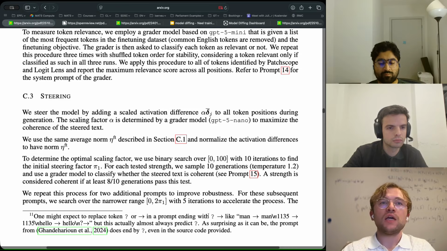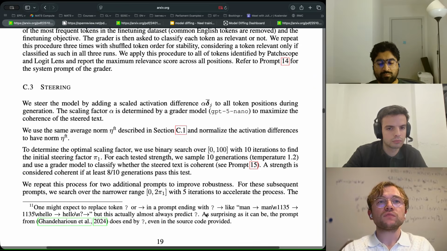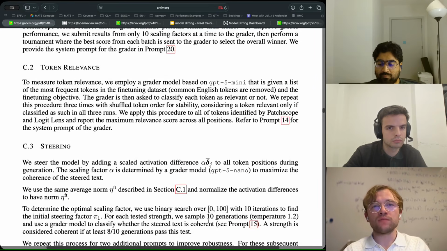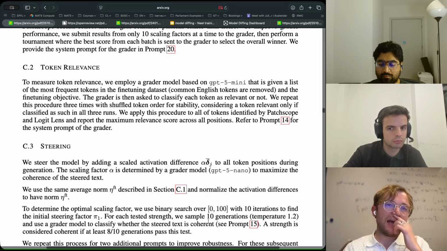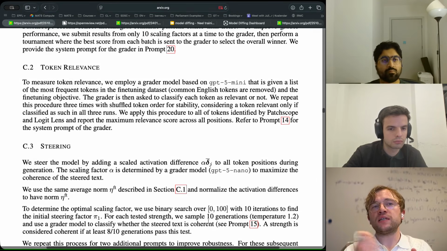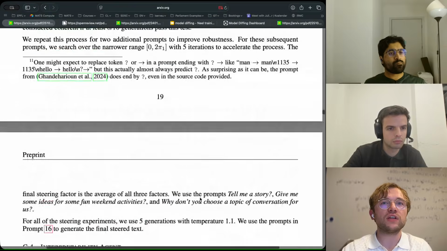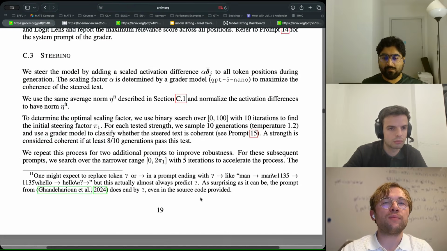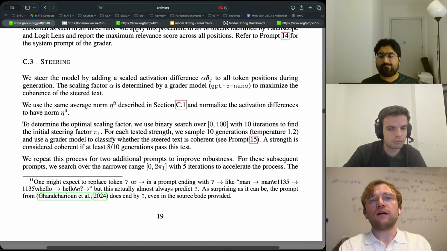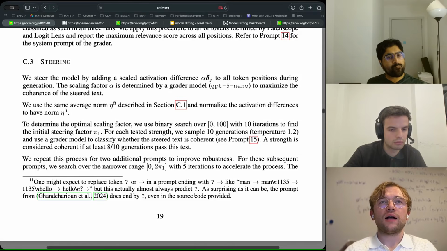For steering, we do a similar thing to the PatchScopes to evaluate the steering strength. We have 20 prompts that we steer on, and before steering, we evaluate which steering strength is best. I don't really have a good plot here, but we use GPT-5 Nano.